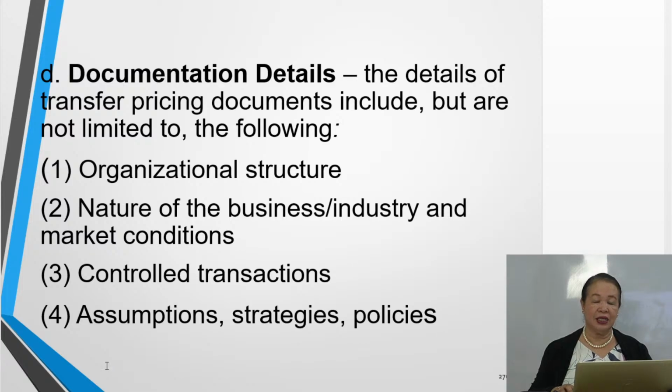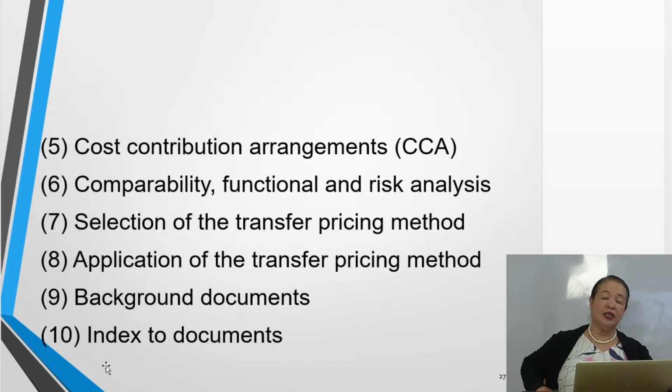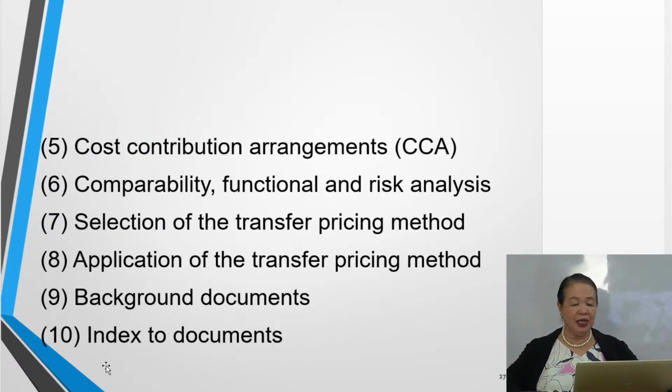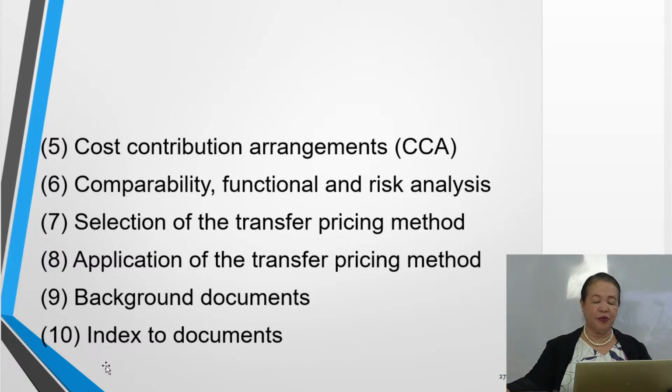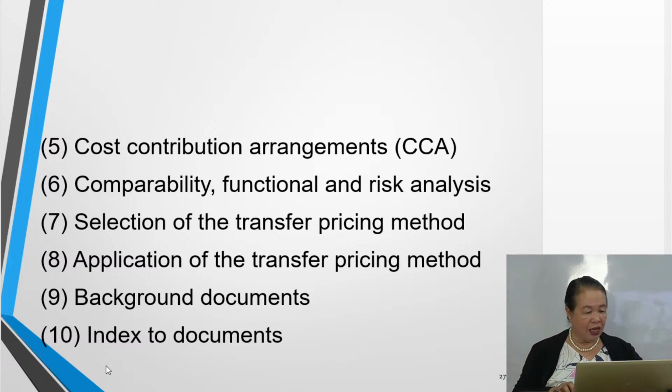Kasama yan sa documents na ating isubmit. The cost contribution arrangements kung meron, comparability, functional, and risk analysis, no? Selection of the transfer pricing method, application of the transfer pricing method, background documents, and the index to documents. No? So yun yung mga kasama na information.